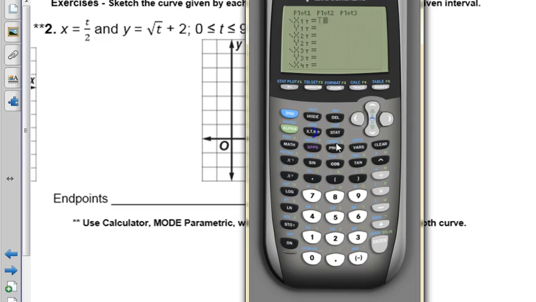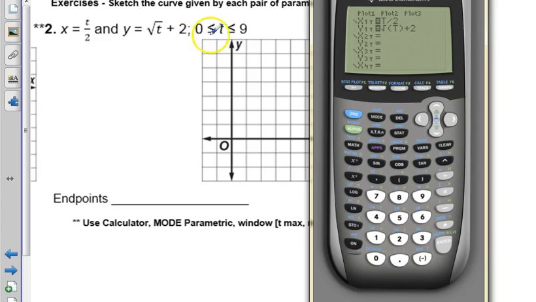So we're going to type t divided by 2, and then arrow down. For the y rule, we're supposed to put square root of t plus 2. Make sure the plus 2 is outside the parenthesis, or outside the little box if you have the updated operating system. Everybody got it?